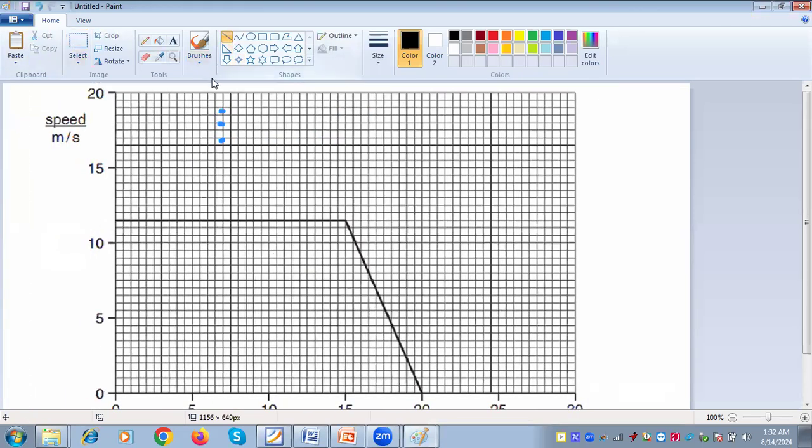So initially the lorry is traveling at 18. So 18 will come here. 15, 16, 17, 18. And the brakes are applied at the same time, that is t equals 15. Then it will decelerate at the same rate. Means this will be the shape.